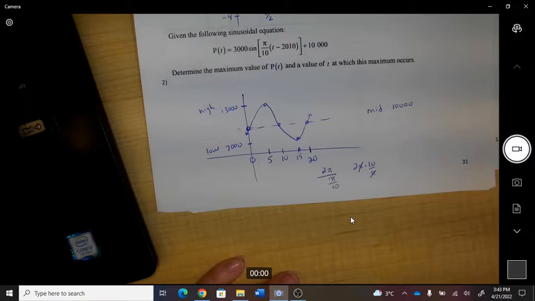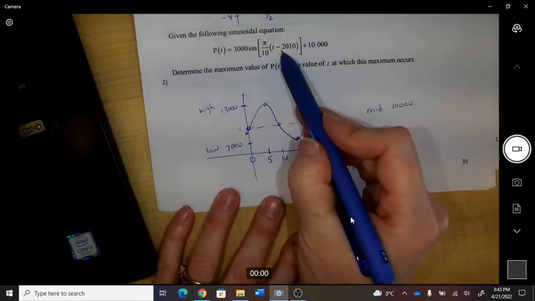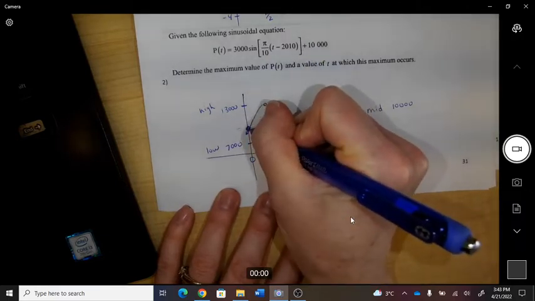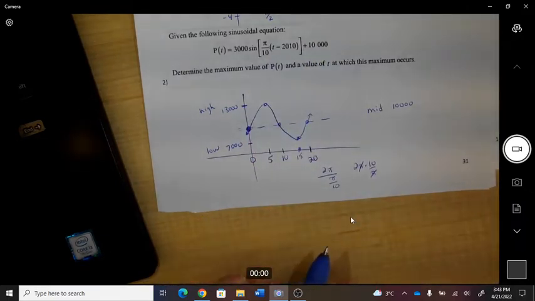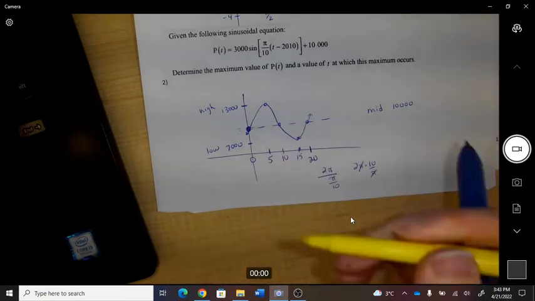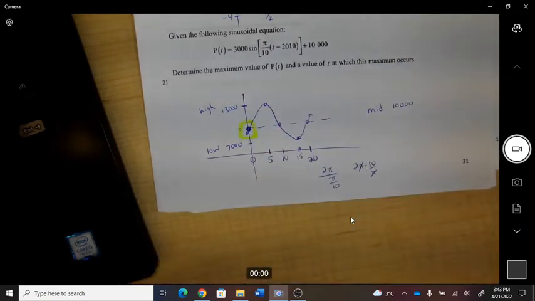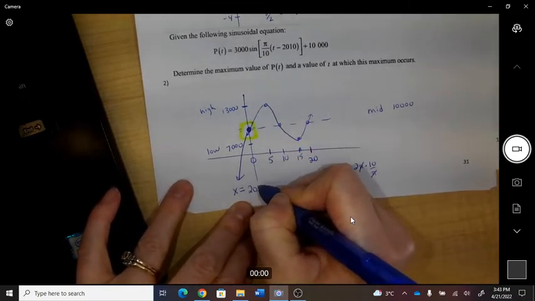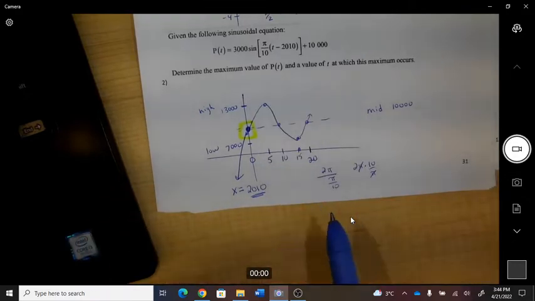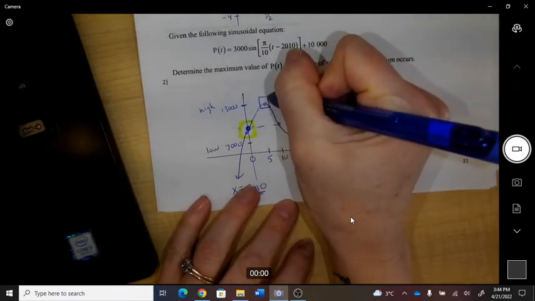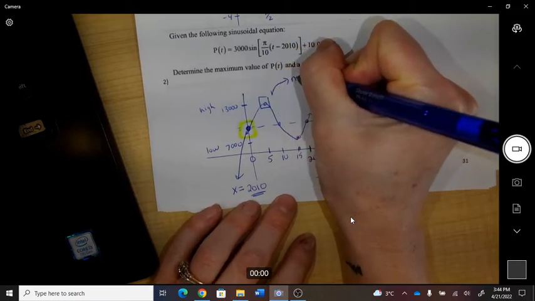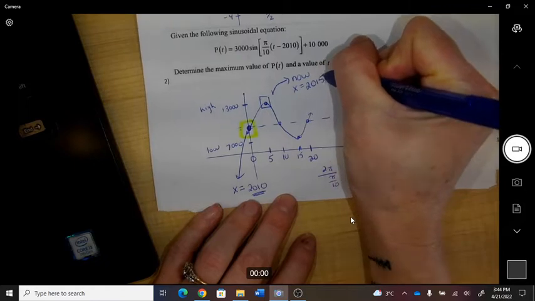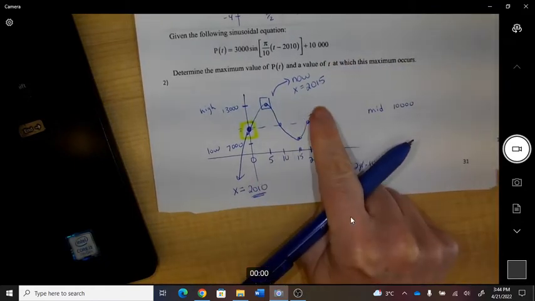Okay, so I need to move right 2010. So this coordinate is now going to have an x value of 2010, which means this coordinate will now have an x value of 2015 because I have 5 above it.